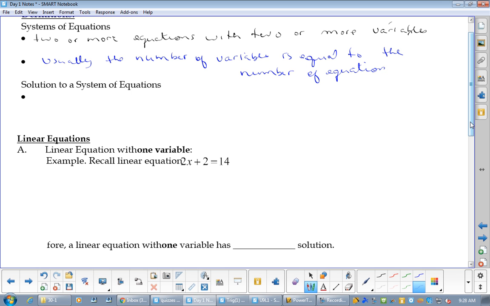Now, the solution to a system of equations is if you give me one line and then you give me another line, that's the answer right there. It's the intersection point, x comma y.